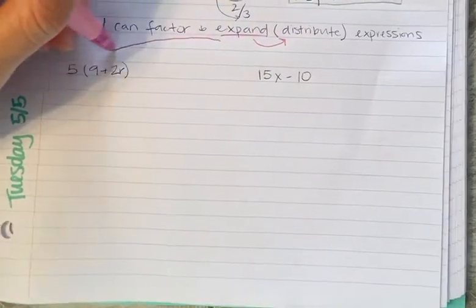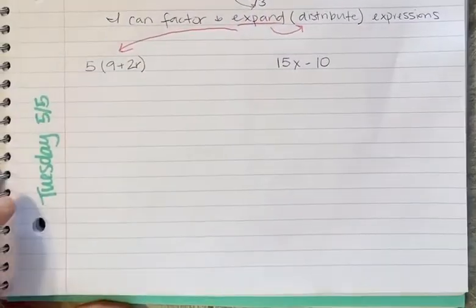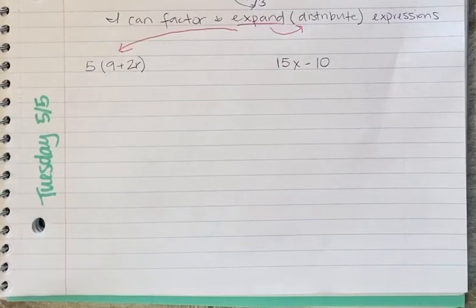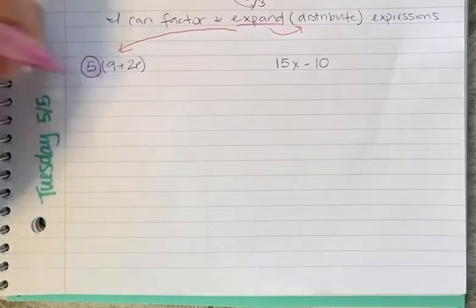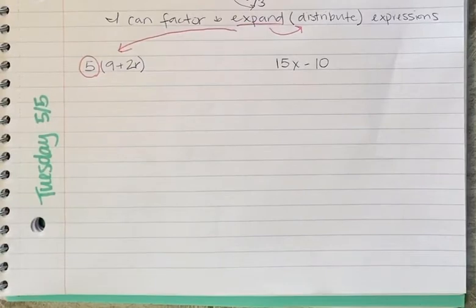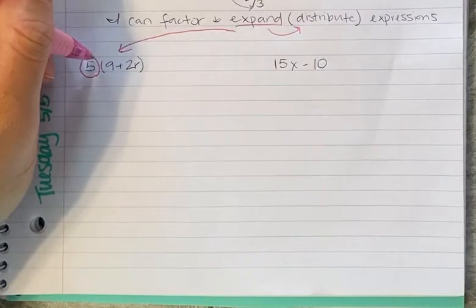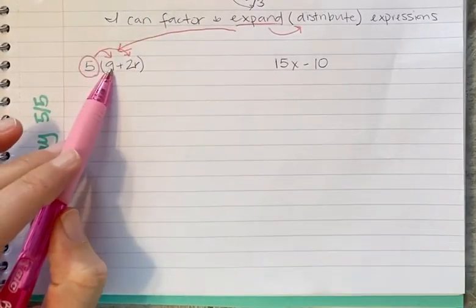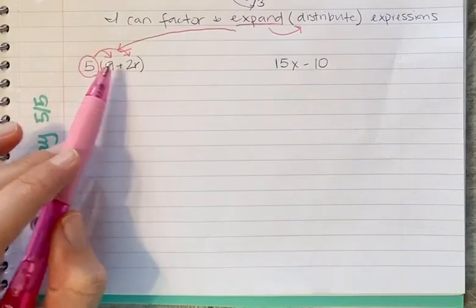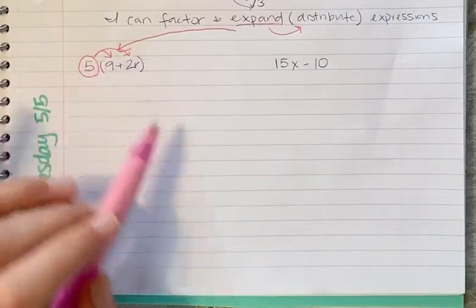So this first example is an example of expanding or distributing, which means I'm going to take this number outside of the parentheses and multiply it towards what's inside the parentheses. So I'm going to take my 5 and I need to multiply it by both terms, not just one, not just the other, both terms.